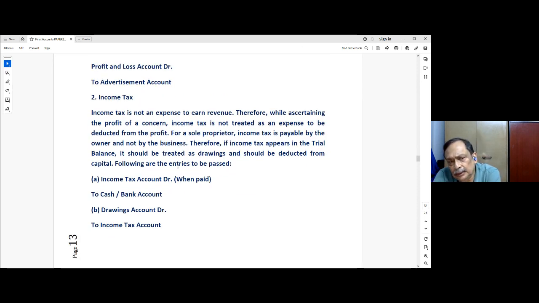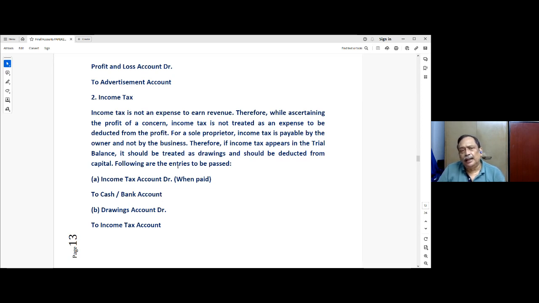Now, we are coming to the second item, that is income tax. Remember, income tax is not an expense to earn revenue. Obviously so.